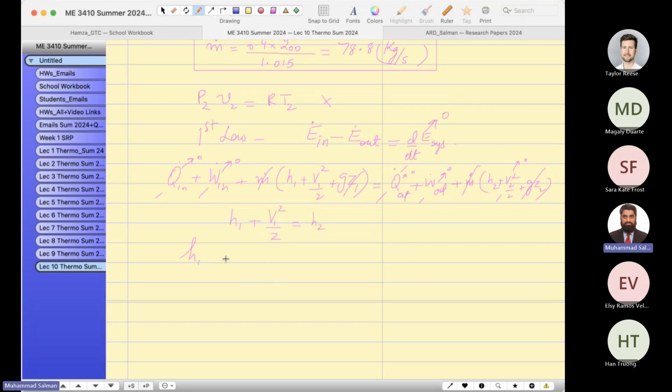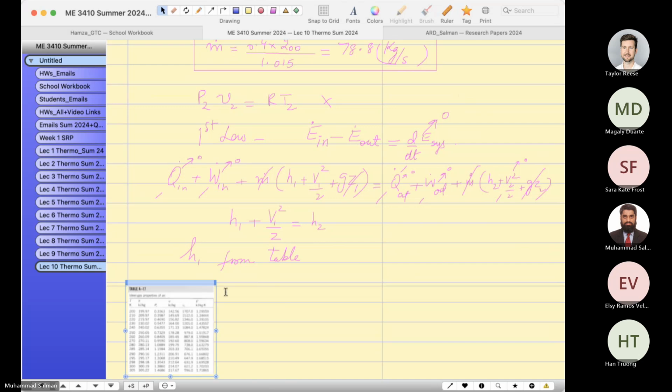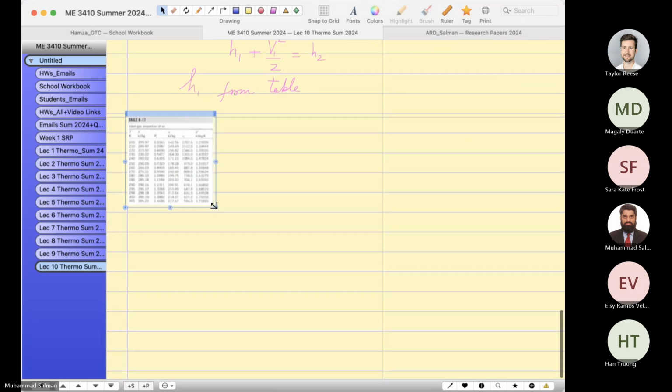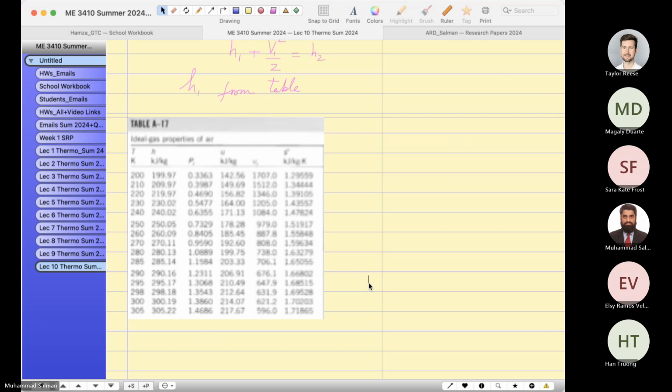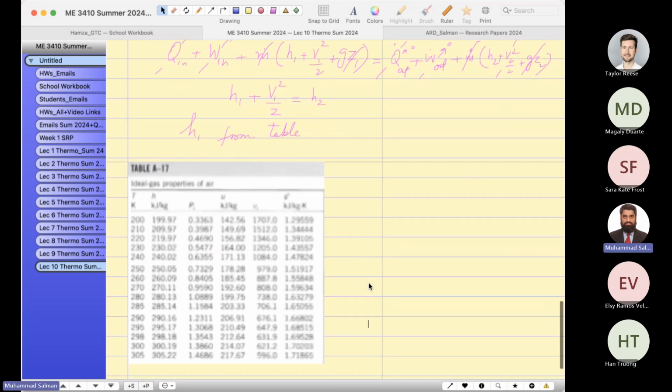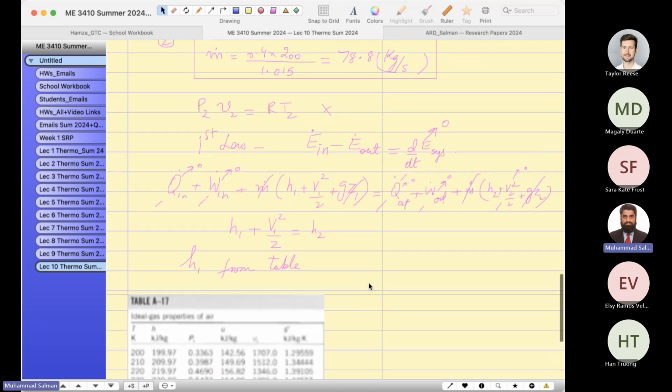So what is H1 from the table? Let me open the table. I can share with you the table here. It's a little blurry, but this is A-17, ideal gas properties for air.